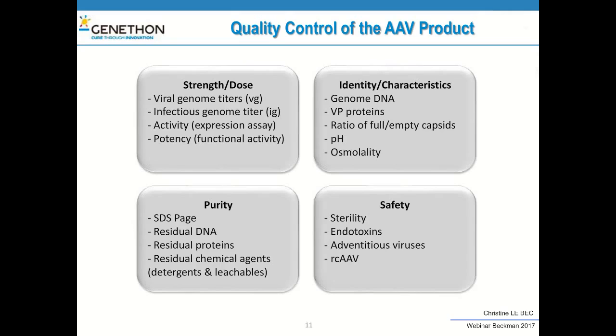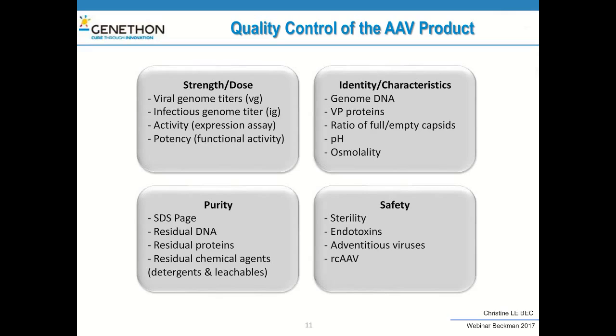The second one is the characterization, the identity of the vectors, in terms of the DNA genome, in terms of the viral particles, in terms of your buffer, pH, osmolality, and the ratio of full and empty capsid. The third group is for the purity.